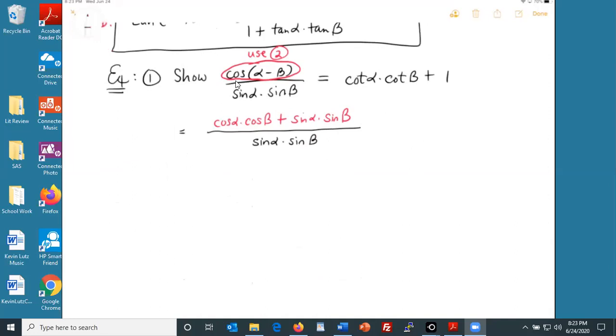Now the next step is using a basic rule of fractions that maybe you forgot. With fractions, you may split your numerators apart. But remember, you can't split denominators. So now we can split the numerator. By that, I mean the first part of the numerator, the cosine pairs, over the denominator, plus the second half of the numerator, the sine terms, over the denominator.